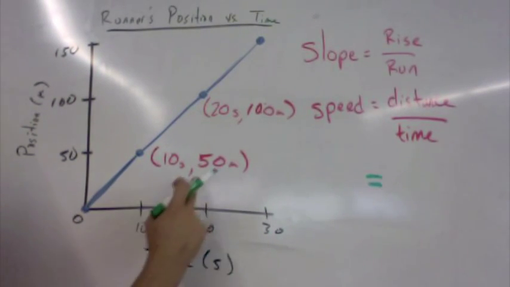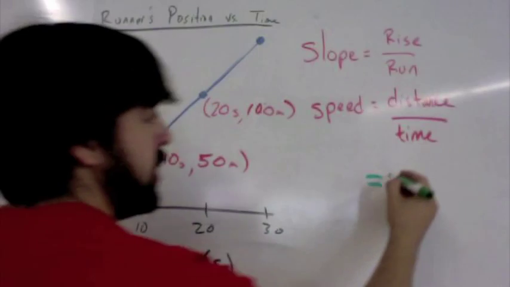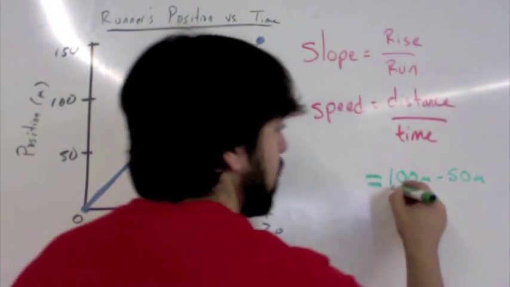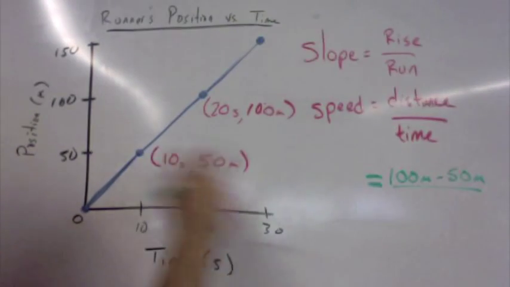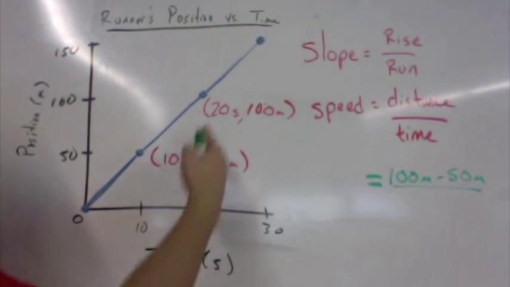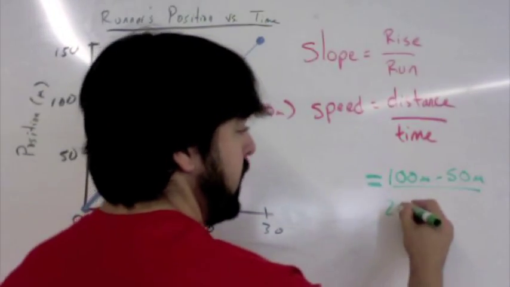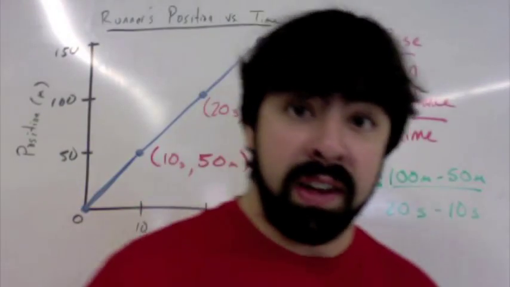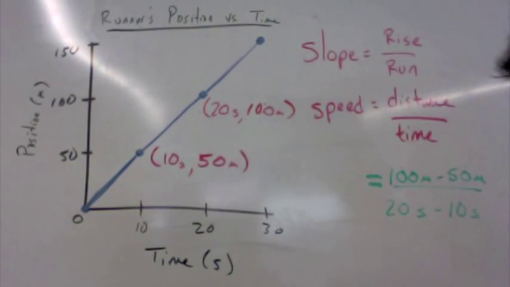A rise, it went from 50 to 100, so it's 100 meters minus 50 meters. Y2, the second y, minus y1. And our run is x2, the second x minus x1. So 20 minus 10. 20 seconds minus 10 seconds. Notice I left the units in because those are important.